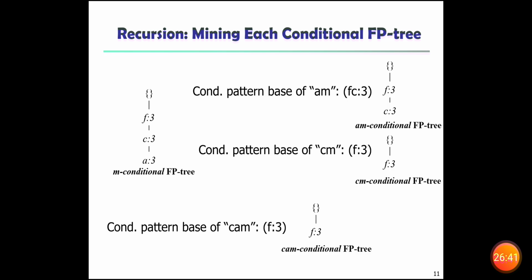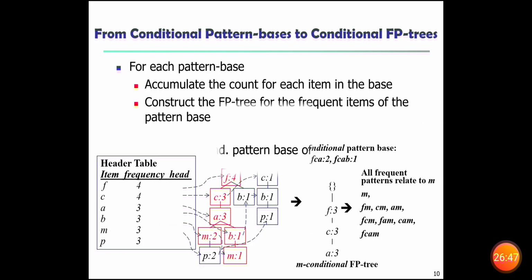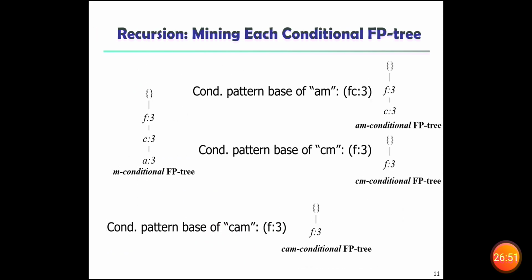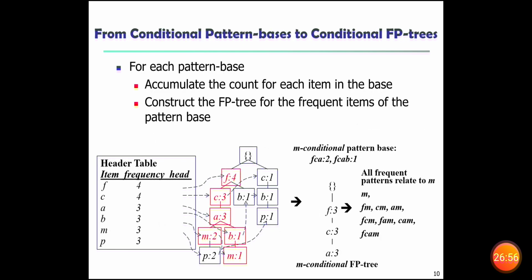The next one is CAM. If you take CAM, other than CAM, what are the nodes available? You can see this tree. See, we have taken here CAM. If you consider this CAM in the tree on the left side, other than CAM, what is the node connected with the root node?